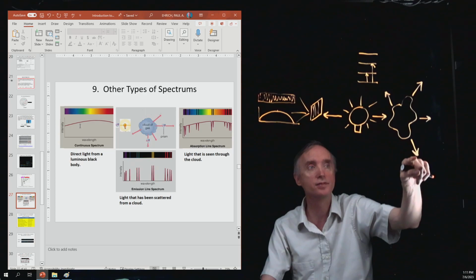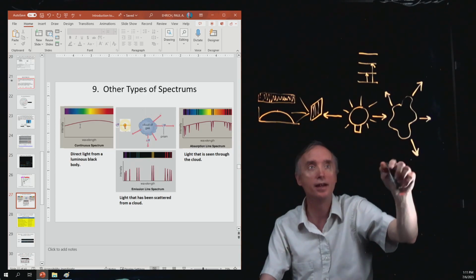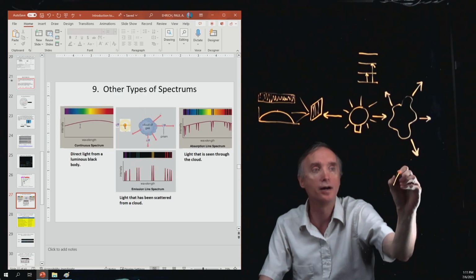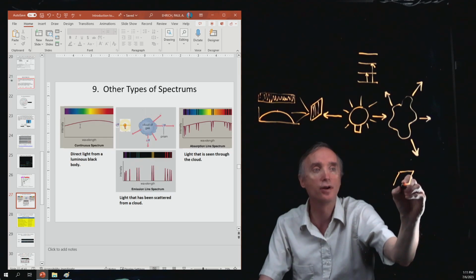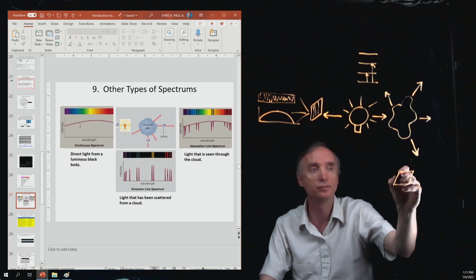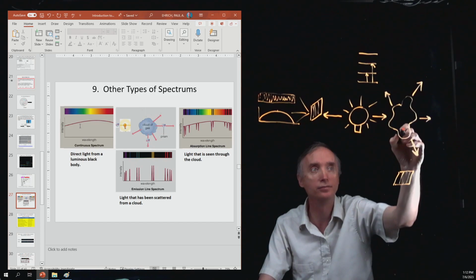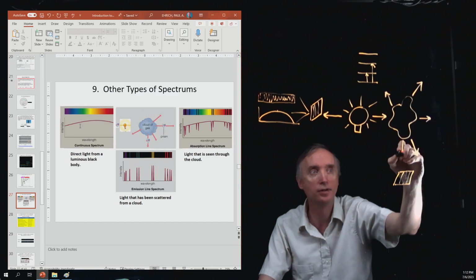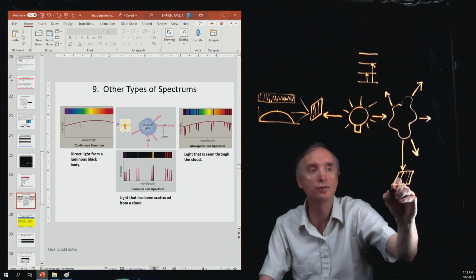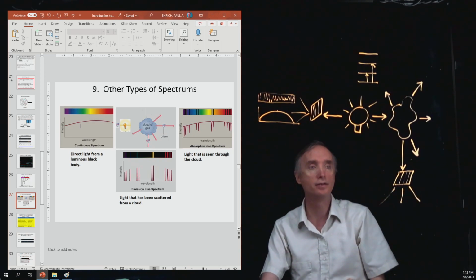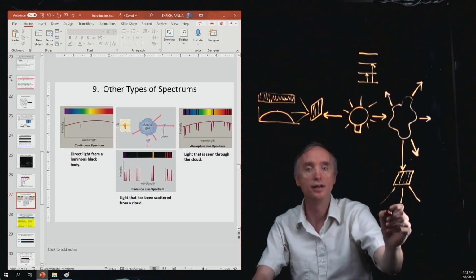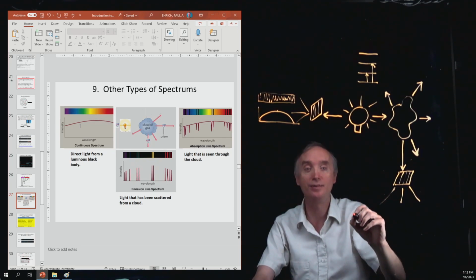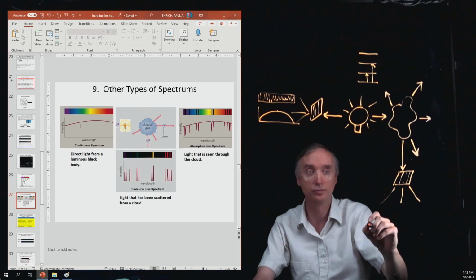So this light is going to be scattered, and now let's say that I put my diffraction grating down here so that the light from here is going to go through the diffraction grating. It's going to spread out like that, okay, and then we're going to get now an emission spectrum.